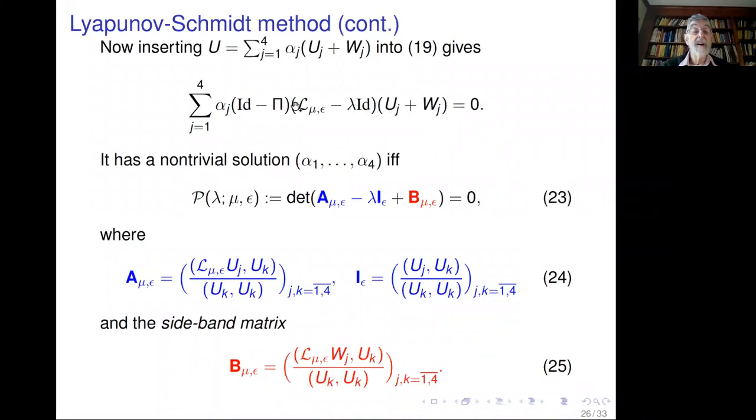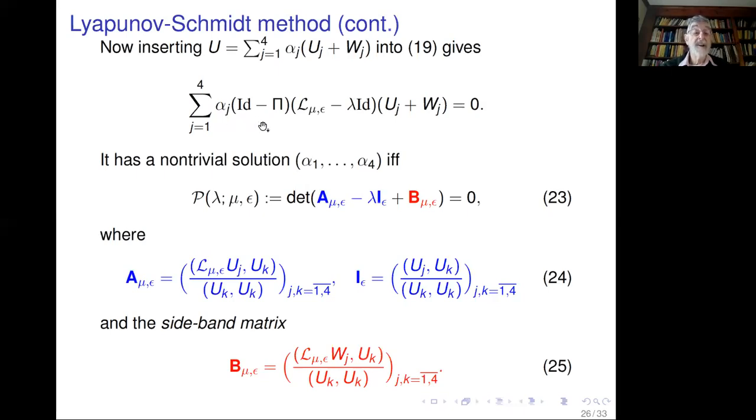And we want to know whether we have a non-trivial solution. We want to show there is an appropriate complex number lambda in the right half plane, and a non-trivial solution of this. Since it's four-dimensional, I want non-trivial alpha 1 to alpha 4, just complex numbers.